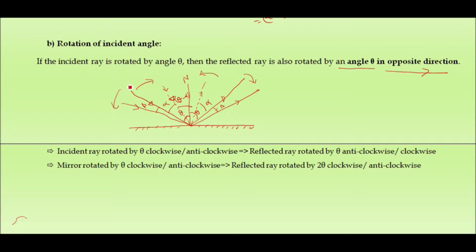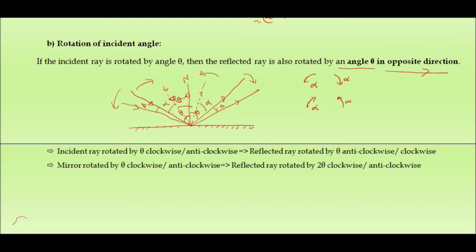Similarly, if the incident ray is rotated by angle beta in the anti-clockwise direction, then the reflected ray will be rotated by angle beta in the clockwise direction. So it's clear here that if I rotate the incident ray by angle alpha anti-clockwise, then the reflected ray will rotate by angle alpha clockwise, and if we rotate the incident ray by angle alpha clockwise, then the reflected ray will rotate by angle alpha anti-clockwise.